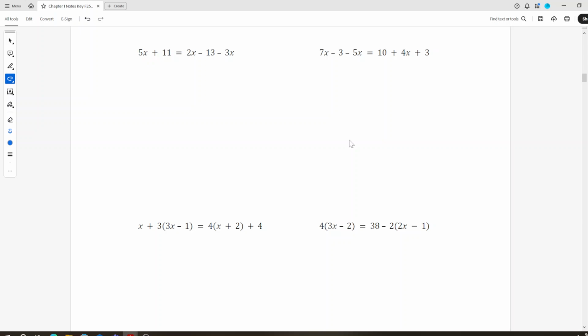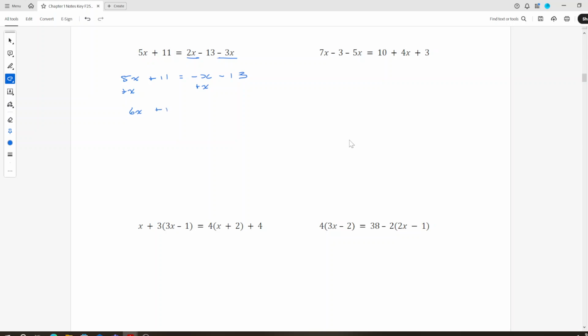So if we look at this one on the left, the first thing I'm going to do is look on the right-hand side and see that I could collect like terms. I would end up with 5x plus 11 is equal to negative x minus 13. Then I'm going to move on to step 2. I'm going to put my x's on one side and my numbers on the other. When I look at this one, I've got a negative x, so I'm going to add x to each side so that I end up with 6x.